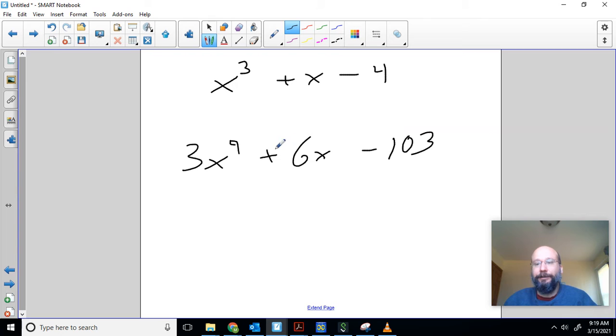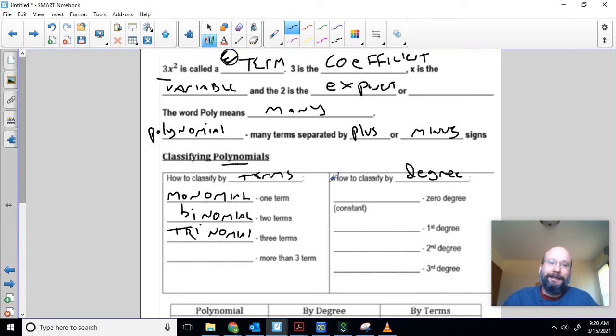It's still three terms because they're separated by a plus or a minus. And anything more than that, we just call a polynomial. So the prefix is the key for the number of terms: mono, bi, tri, or poly.